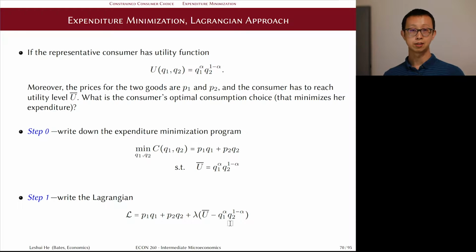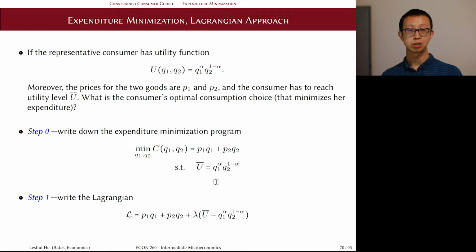The Lagrangian here is again just the objective function plus lambda times a cleared out version of the constraint. Here I subtracted the utility level from Q1 and Q2 from this fixed level of U bar. You can do it the other way around.